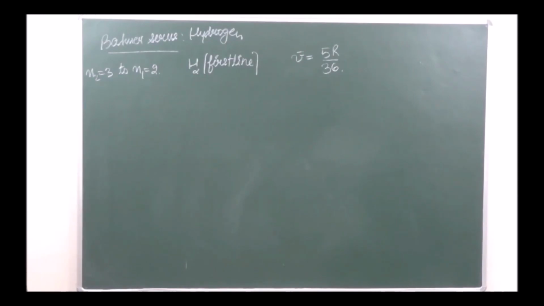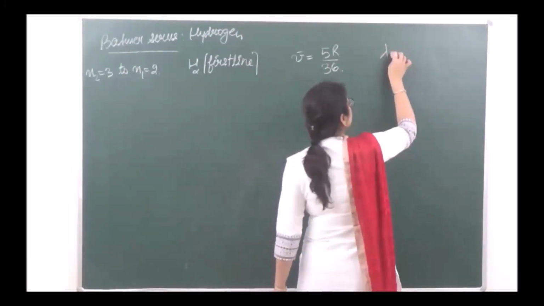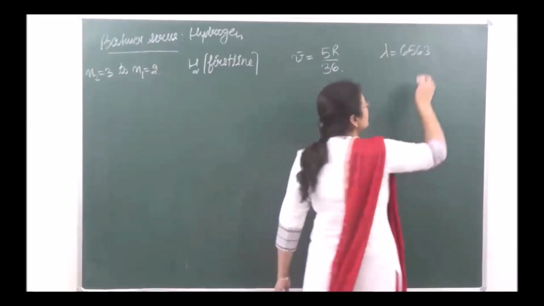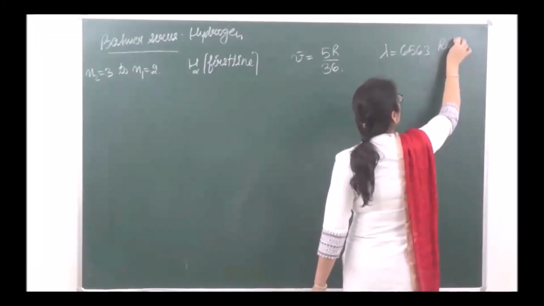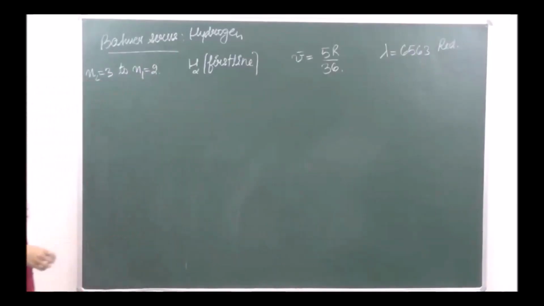The lambda for this comes to approximately 6563, and the region in which it falls is the red region of the visible spectrum. So this table helps you to directly solve the questions for your MCQs rather than doing the entire calculation.